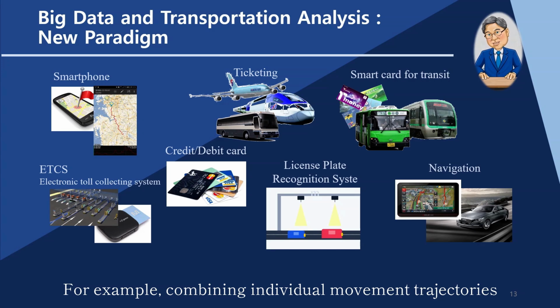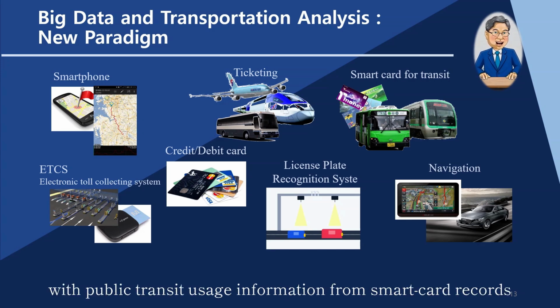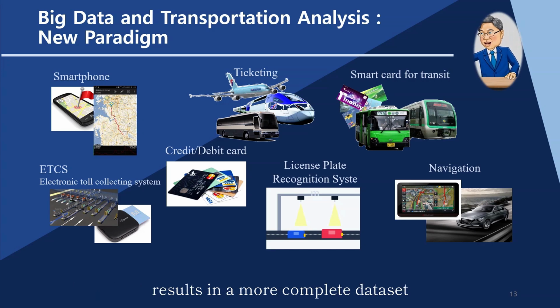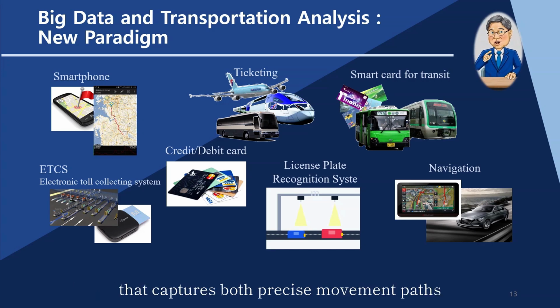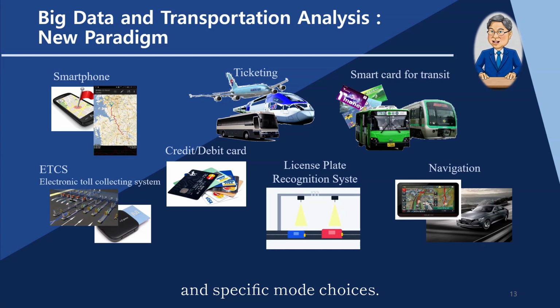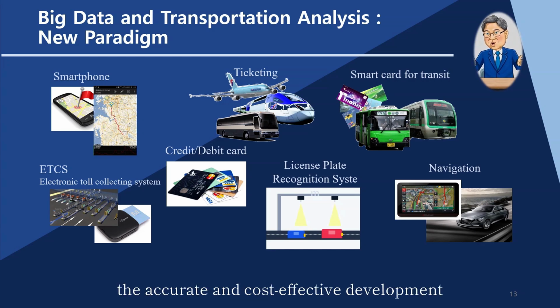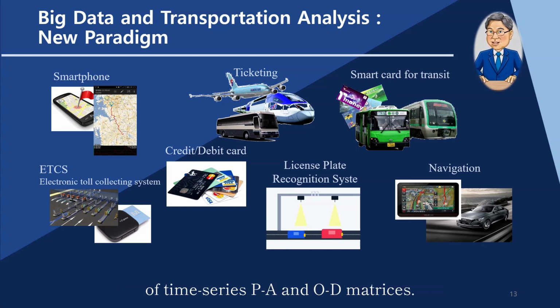For example, combining individual movement trajectories from mobile phone data with public transit usage information from smart card records results in a more complete data set that captures both precise movement paths and specific mode choices. Such data fusion enables the accurate and cost-effective development of time series PA and OD matrices.